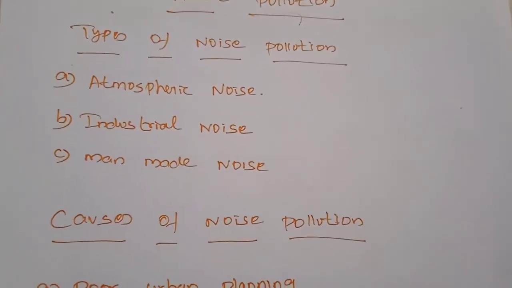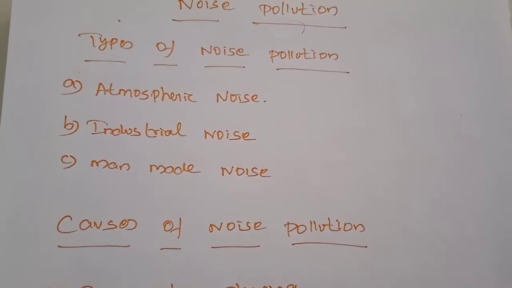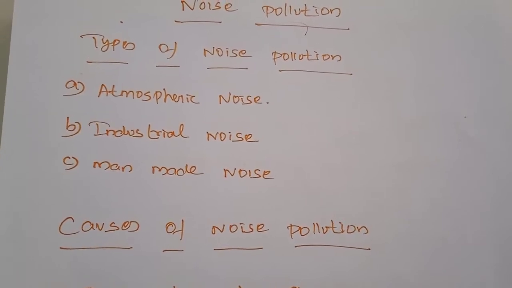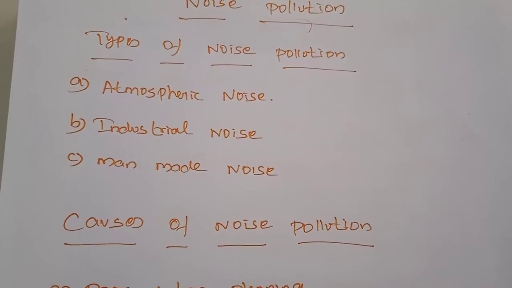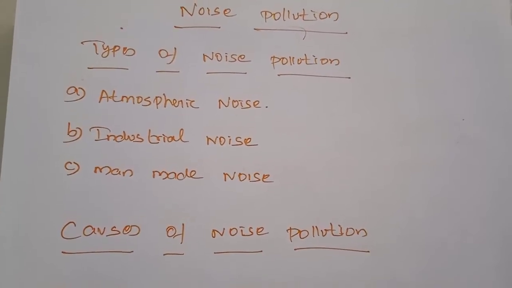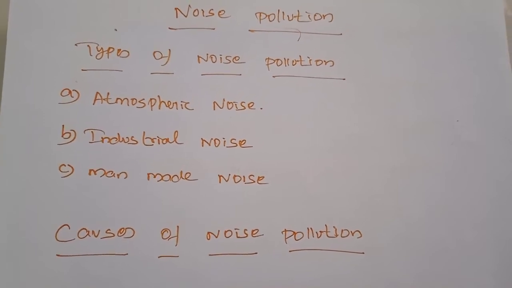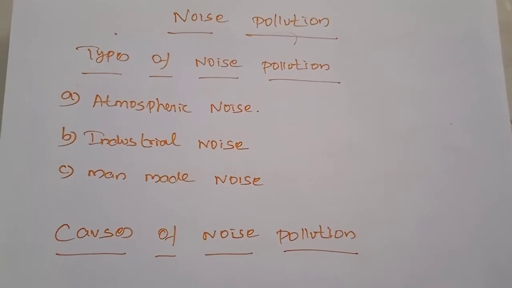The next one is industrial noise. Industrial noise refers to noise that is created in factories. Some sound becomes noise; it becomes unwanted. Heavy industries like shipbuilding, iron and steel, and cement factories have long been associated with noise.